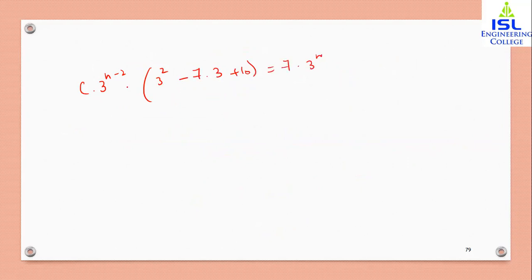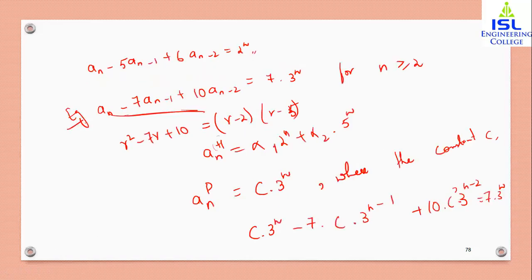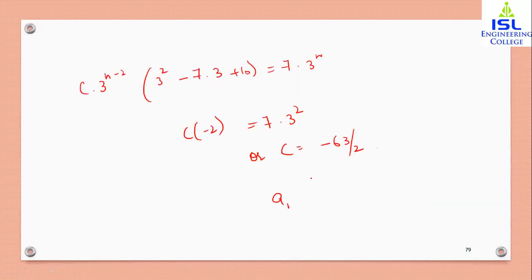Here the 3 power n terms get cancelled. So this will be c of minus 2 is equal to 7 into 3 square, or c is equal to minus 63 by 2. So we got a n of p, which is equal to minus 63 by 2 into 3 power n.